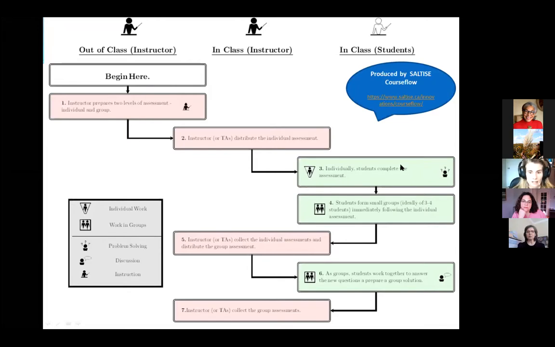When they're done writing, they form small groups. There are different ways you can form the groups. We can discuss that. The TAs or the instructor collect the individual results and distribute the grouped portion of the test, and then the groups write that. And at the end, the TAs or the instructor collect the group portions of the test, mark it, and provide feedback.